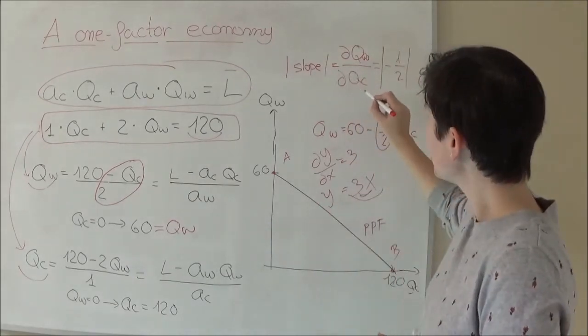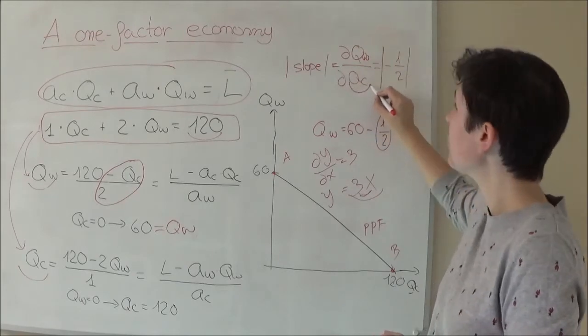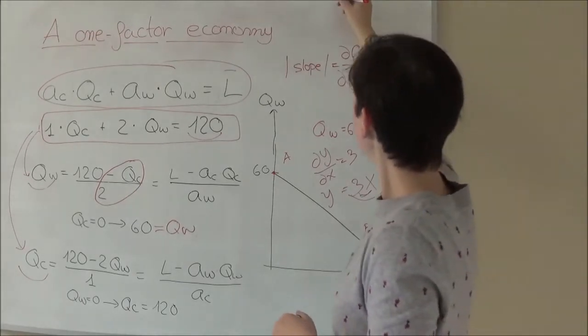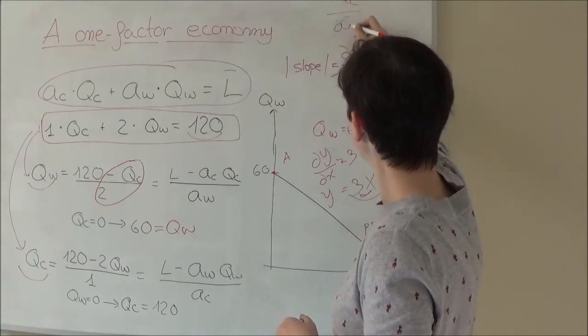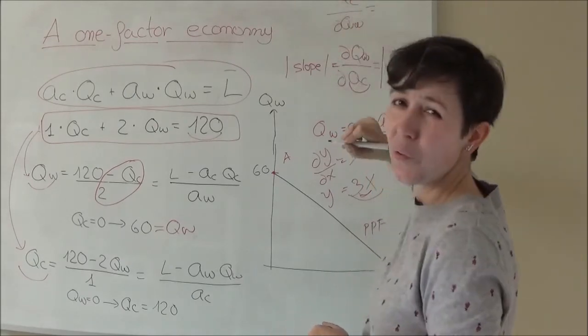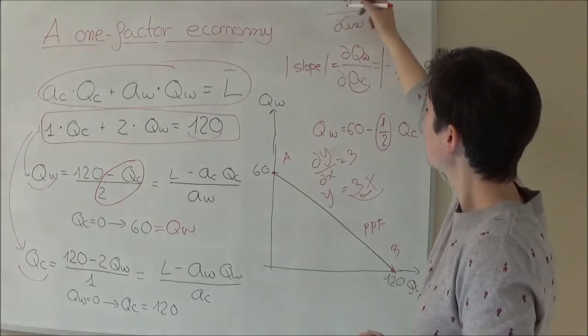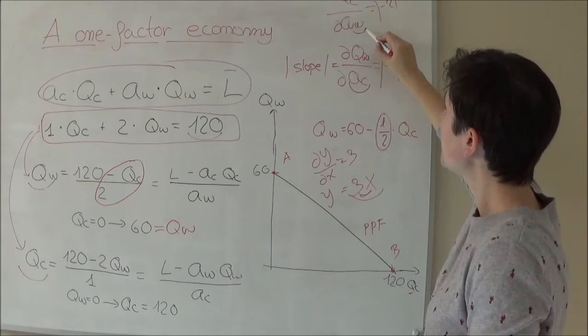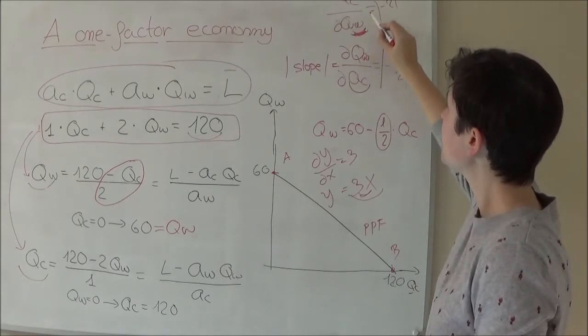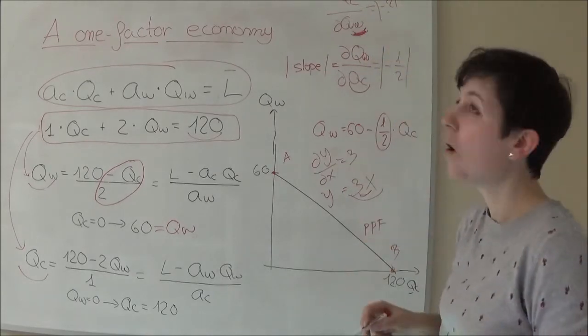So this is the opportunity cost of producing 1 unit more of cheese, the inverse, cheese over wine. I don't know if you are able to see that. So the inverse derivative is minus 2, in absolute terms 2. So if you introduce 1 unit more of wine, you have to reduce 2 units of cheese.